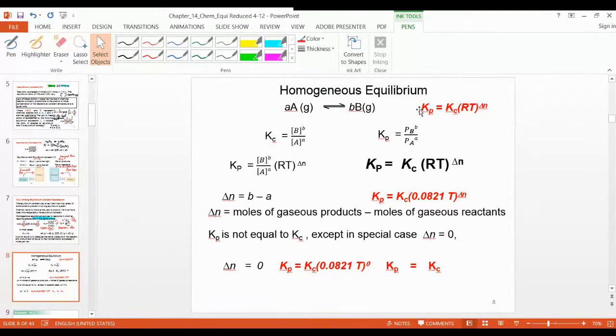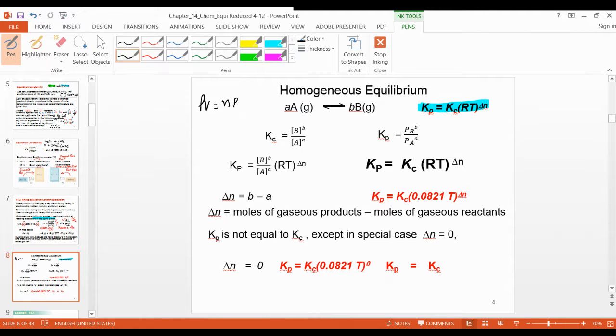Look at here. This is the formula. Kp equals Kc multiplied by RT to the power delta N, because RT is coming from the ideal gas equation, PV equals nRT.